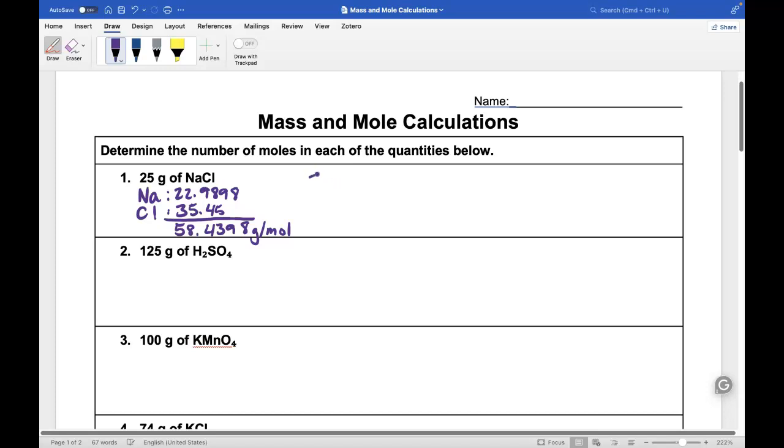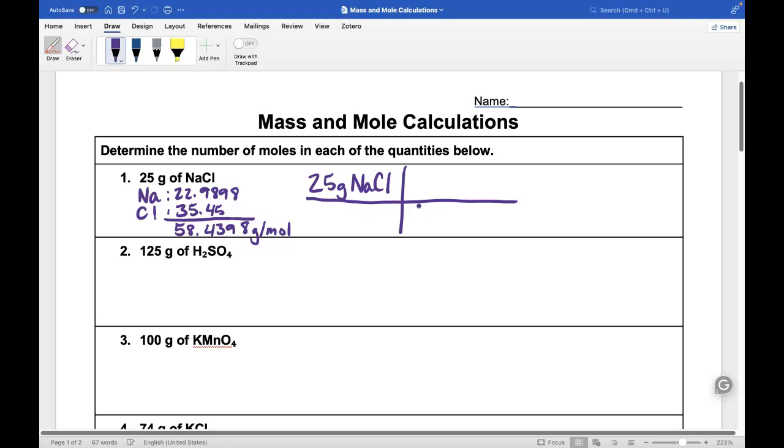So I'm starting with 25 grams of NaCl. You're going to see that I keep the elements or compounds with my quantities. You don't necessarily have to do that at this point, but when you get a little further and we start working with lots of different molecules, you might want to. Then I'm going to make my railroad tracks.